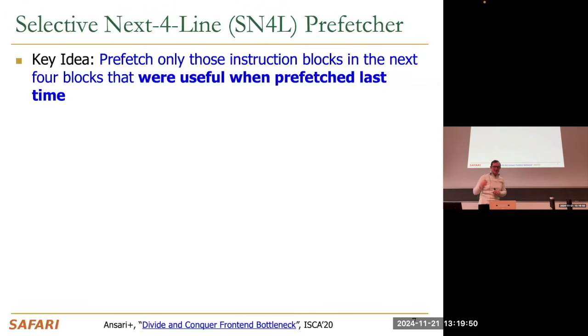These are more recent papers. Again, I will not go through the details a lot, but a lot of ideas that we've discussed apply. So you don't want to prefetch every n blocks when you're prefetching the next n blocks sequentially. Maybe you want to figure out which ones are actually going to be useful. And one way of figuring out which ones are going to be useful is whether the instructions that you prefetched last time were used before.